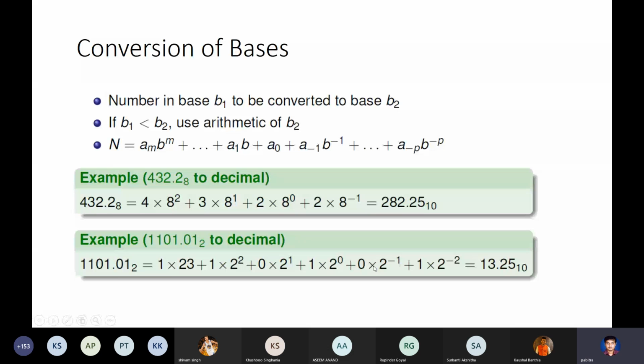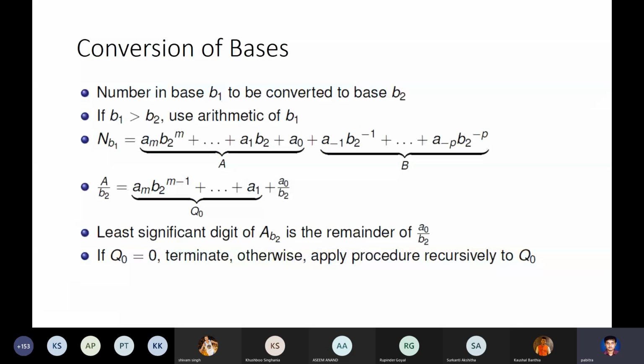If B1 is greater than B2, that means, for example, you want to convert decimal to binary, let's do it in the following way. So B1 is greater than B2. So what is the representation of the number?